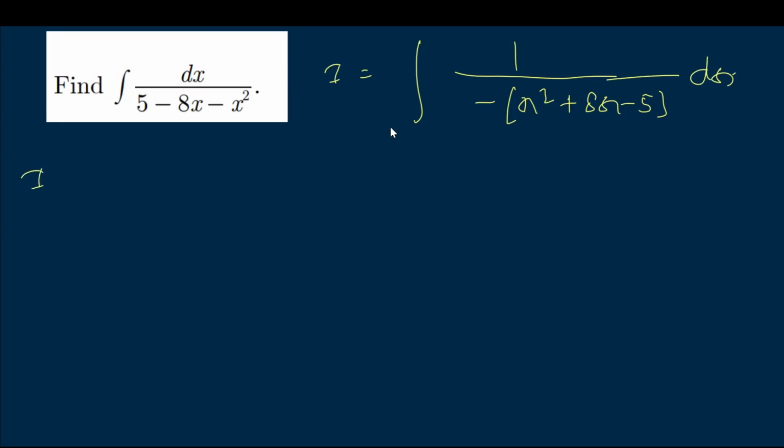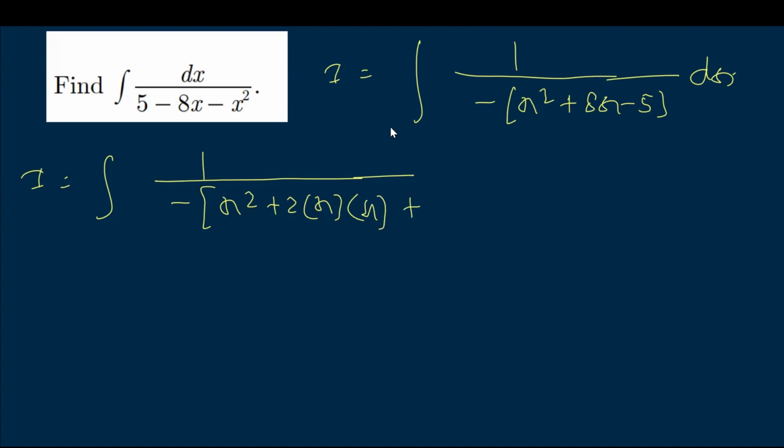Now continuing with this, it is integration 1 over. Now I'll do completing the square over here. So this is a square plus 2 times a, which is clearly x, and b, what I should write so as to obtain 8x, has to be 4, plus b square and minus 5 copied. Since we added 4 square, then I have to subtract 4 square, dx.